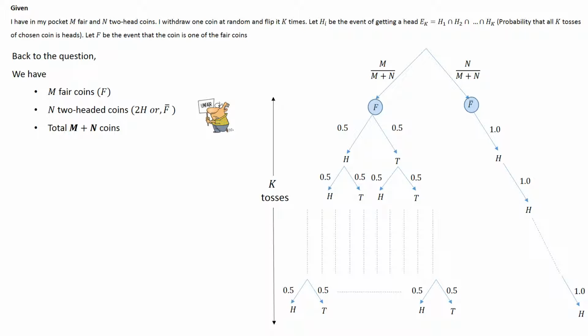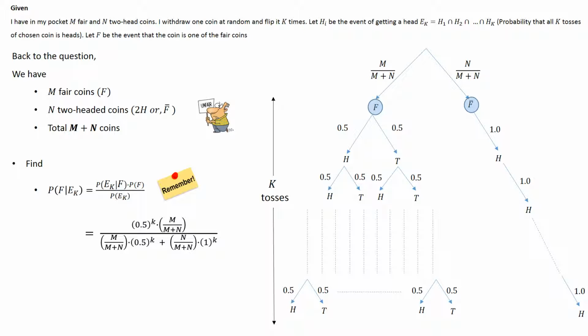Applying Bayes' theorem, which we saw in the previous slide, the probability of getting a fair coin given that we get heads on k flips is equal to the probability of getting heads on k flips given that a fair coin is chosen, times the probability of choosing a fair coin, divided by the probability of getting heads on k flips.